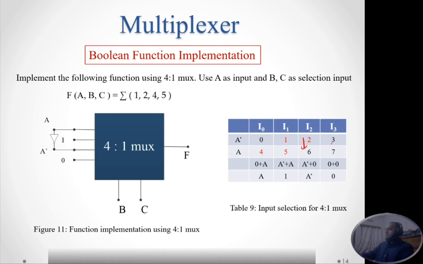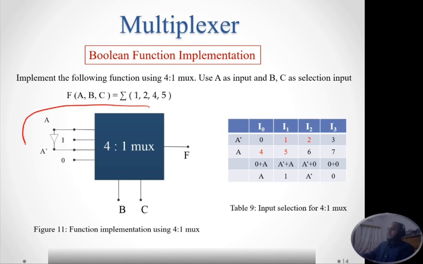For the third column we can see in this position our output is 1, but in this position our output is not 1, so we will take A prime plus 0, which is equal to A prime. So our third input is A prime. In the fourth column we can see we don't have any 1 in any of the positions, so we can write 0 plus 0, which is 0, so our fourth input will be 0.